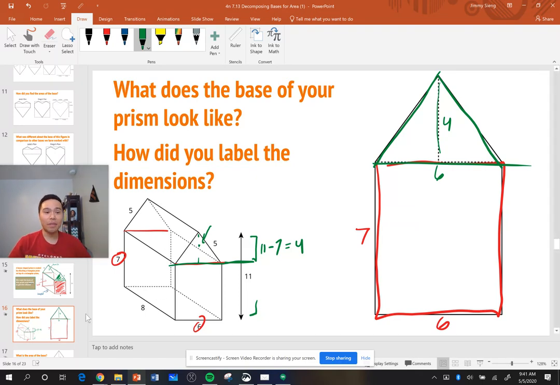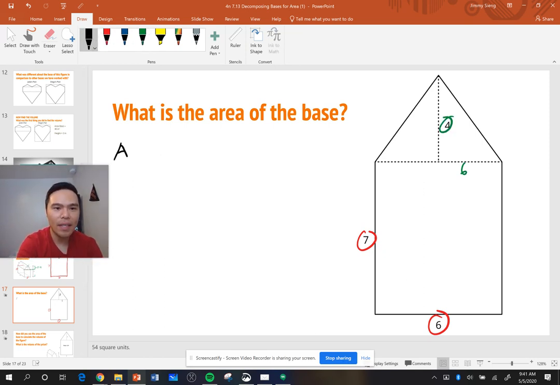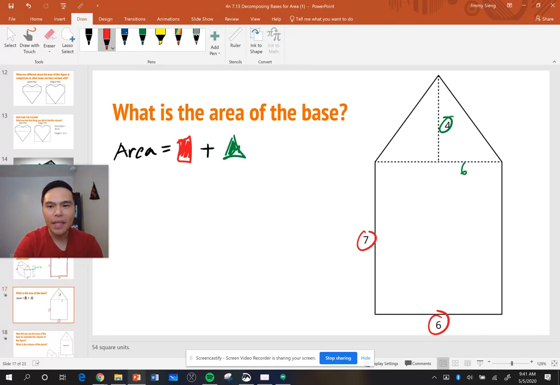So now that we have those dimensions, we can find the base area of it, right? Again, those are the measurements there, where we had 7 there, and then we had 6 and 4 there. Remember area, we're going to have two areas, right? We have the area of the rectangle plus the area of the triangle. Remember, the area of a rectangle is your base times height.